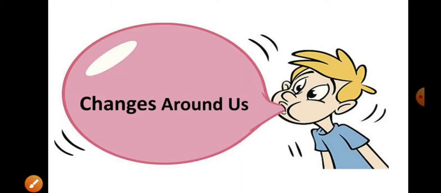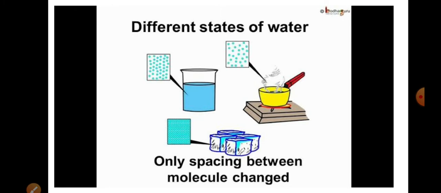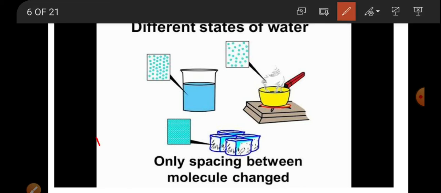There are many different varieties of changes occurring. One such change that we frequently notice in our day-to-day life is the different states of water. At first we see an ice cube, which is the solid state.